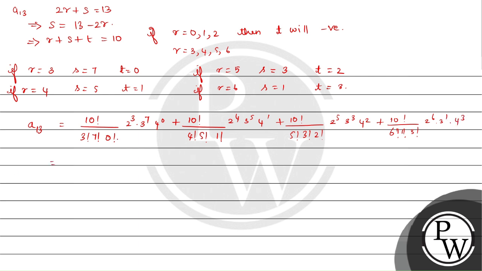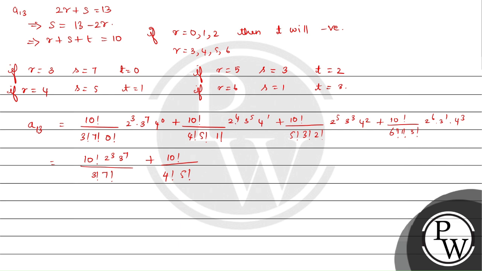Now let us change all the 4 powers in terms of 2 powers. Then we will have 10 factorial into 2 cube, 3 power 7, 4 power 0 is 1, divided by 3 factorial, 7 factorial, plus 10 factorial, 4 factorial, 5 factorial, 2 power 4 into 4 is 2 square.